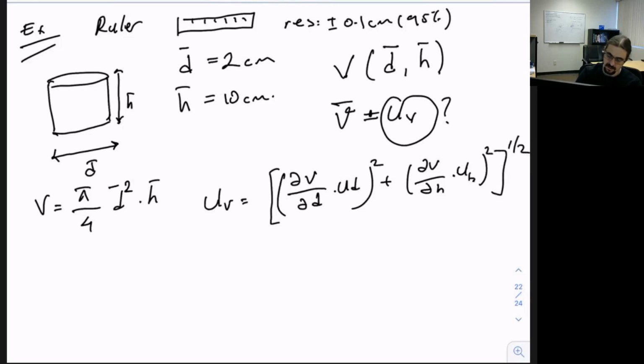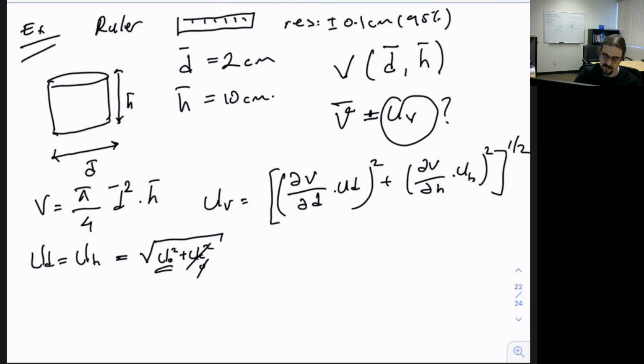So I know that UD is again equal to UH, because I'm using the same ruler, and that's equal to the square root of U0 squared plus UC squared. Since we don't have a spec sheet associated with this ruler, our UC is 0.